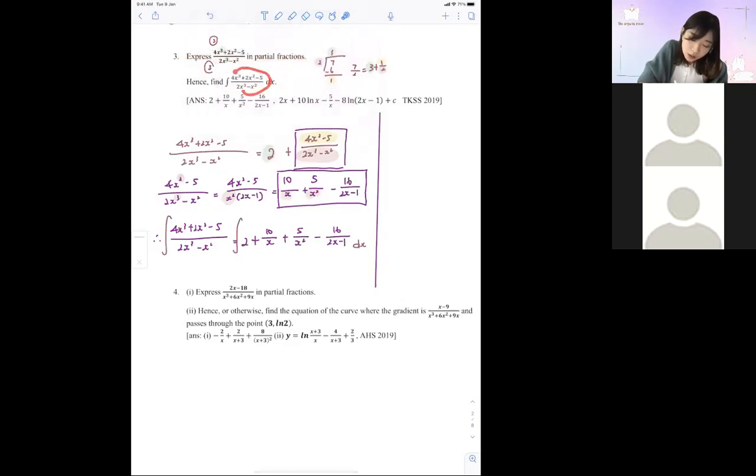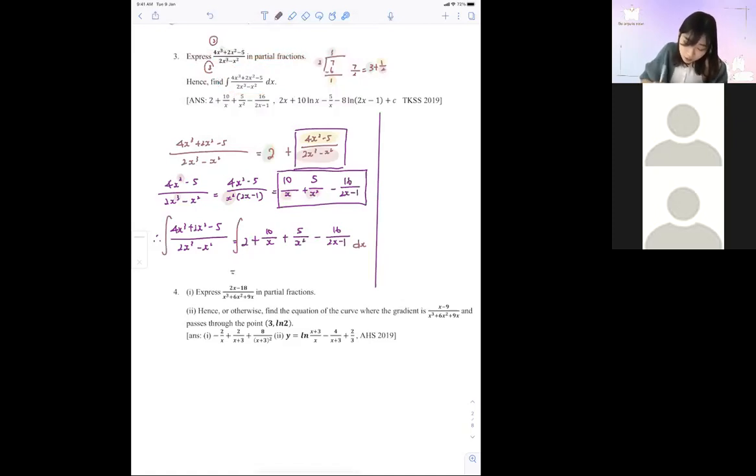There's no way you can integrate a complicated fraction. So you need to do partial fraction to simplify it before you can integrate. If you see a fraction like that, even if the question didn't ask you to do partial fraction, most probably the question will be 6 marks because it requires you to do partial fraction before you can proceed to integrating.